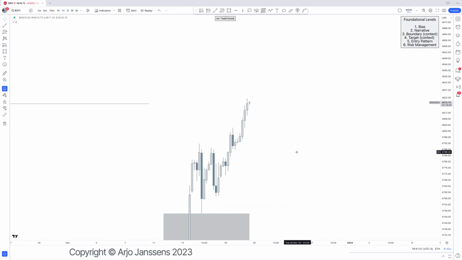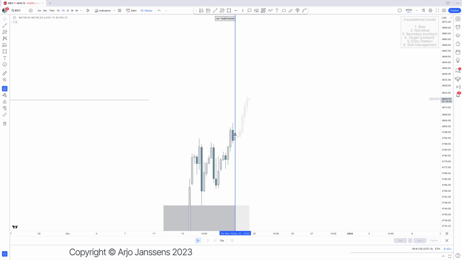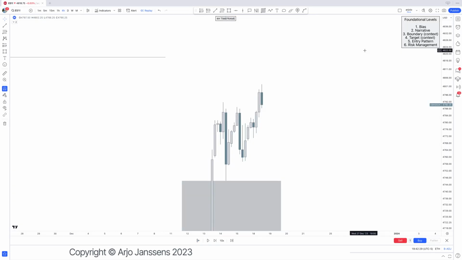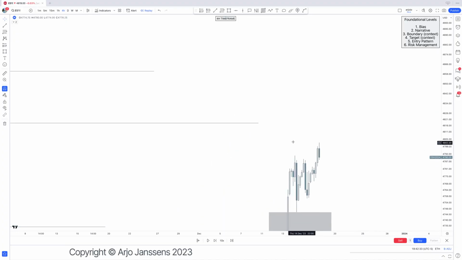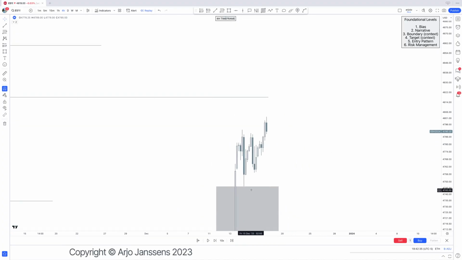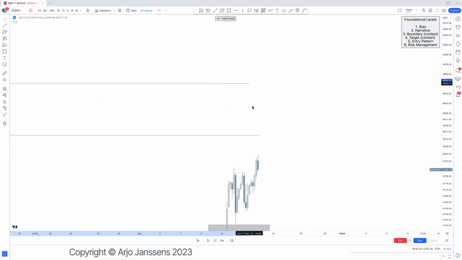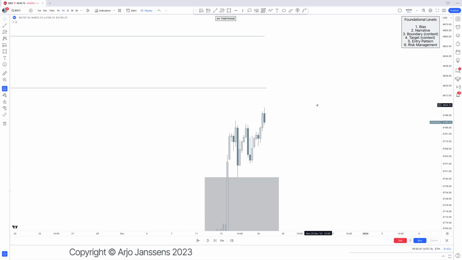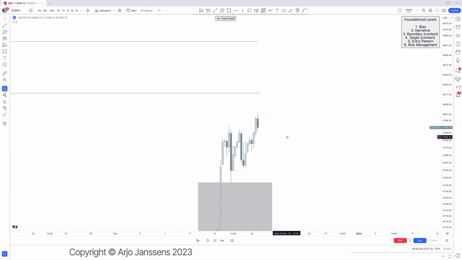Now, on the 4 hour overall, if we take it a bit back, this is where the direction starts. Why did we mark out those higher time frame PD arrays right there? We have this one, we have the daily fair value gap, and we also have this high right there. Because very simply said, we are now looking at which higher time frame PD array we want to trade to first.